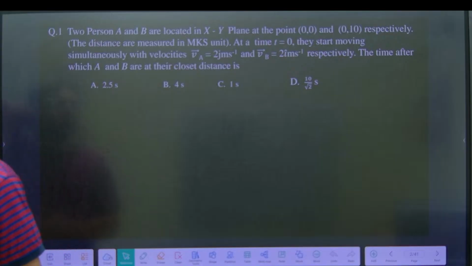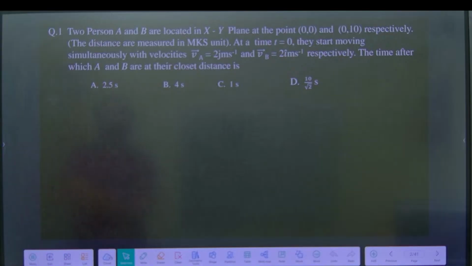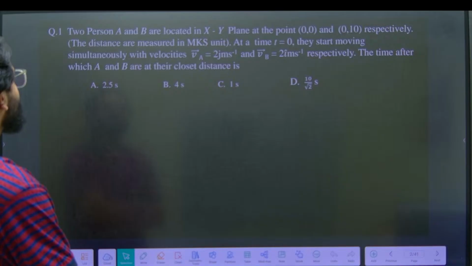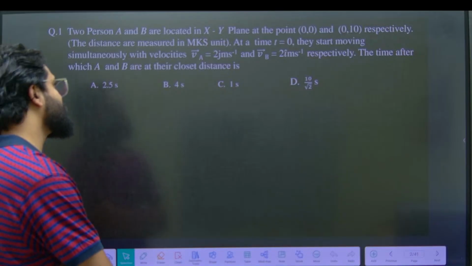Question number 1 says two persons A and B are located on a plane in x, y, okay? A is placed at the origin and another guy is placed on the y-axis. Both of them are moving simultaneously, A in the y direction and B in the x direction. We need the time after which they will be at their closest distance, correct?